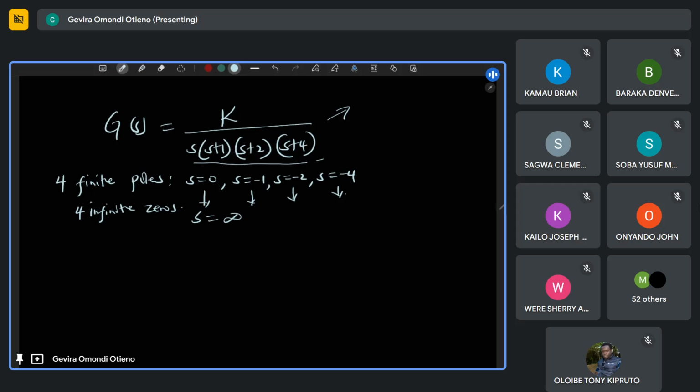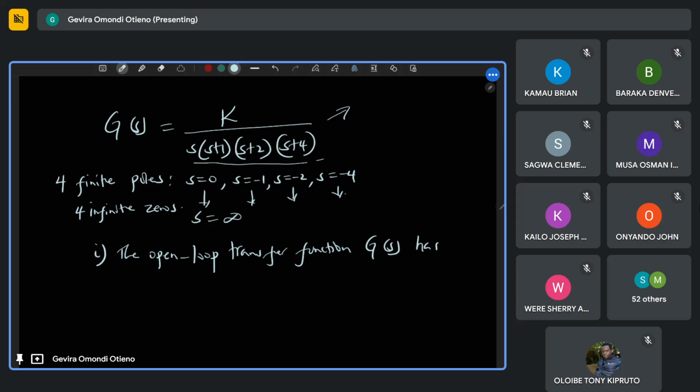So you can actually solve the first question by saying, this is what I expect, that the open loop transfer function, G of S, has 4 poles.